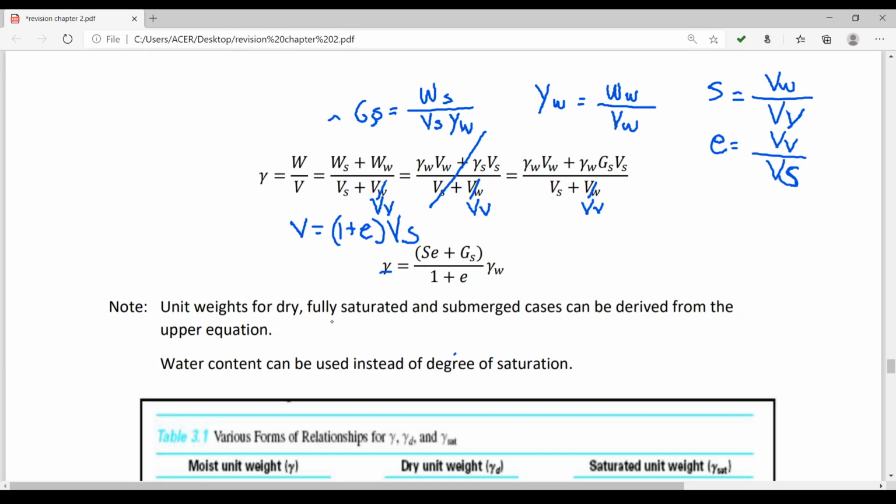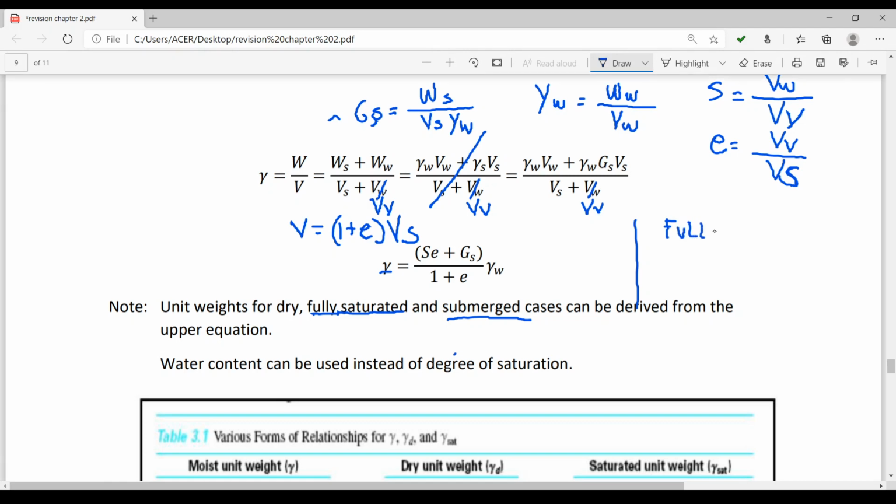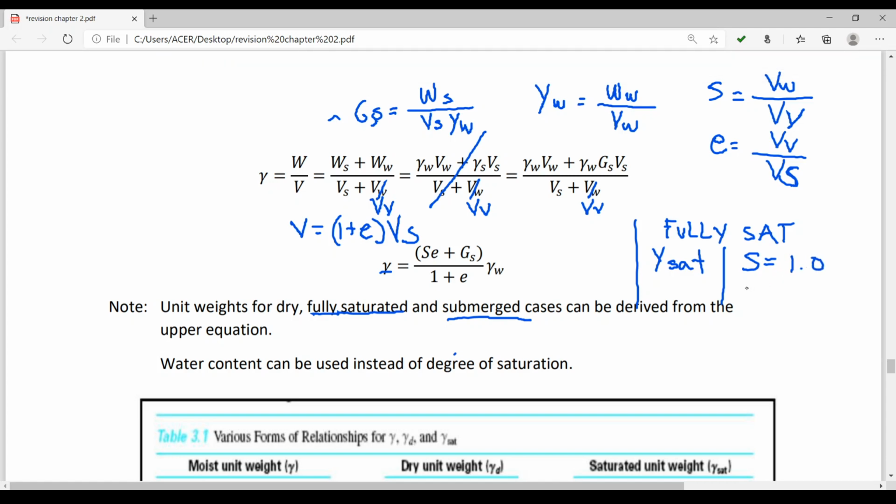But this, okay? If we say fully saturated and submerged, when fully submerged and fully saturated, they are the same. Okay? Let's begin with fully saturated. Let's derive the equation of unit weight for fully saturated, that is γ saturated. Since when fully saturated, we consider your degree of saturation equal to 1.0.